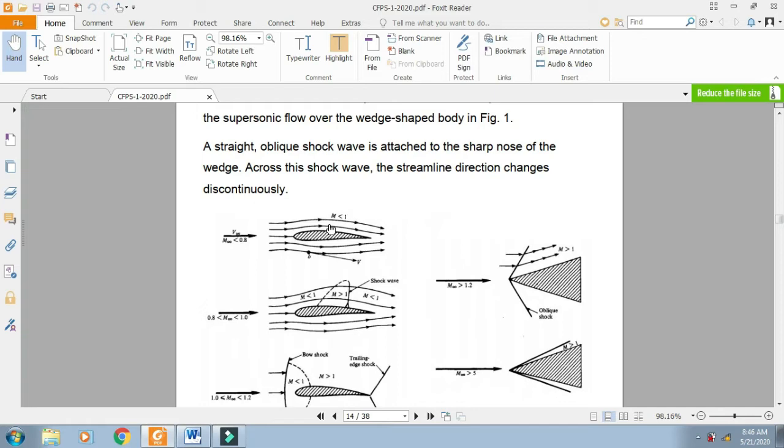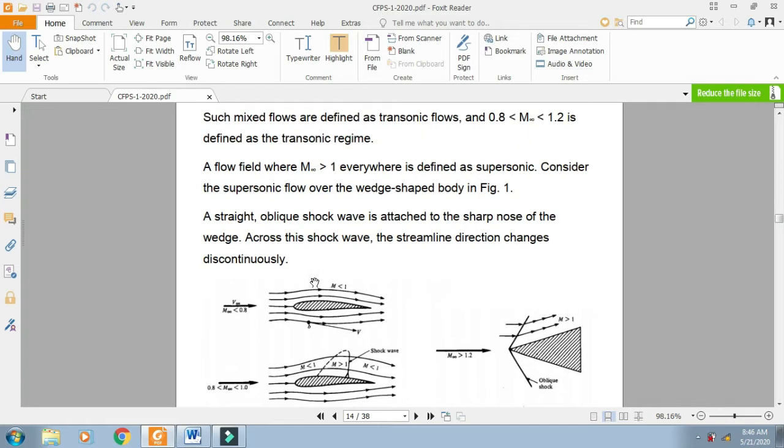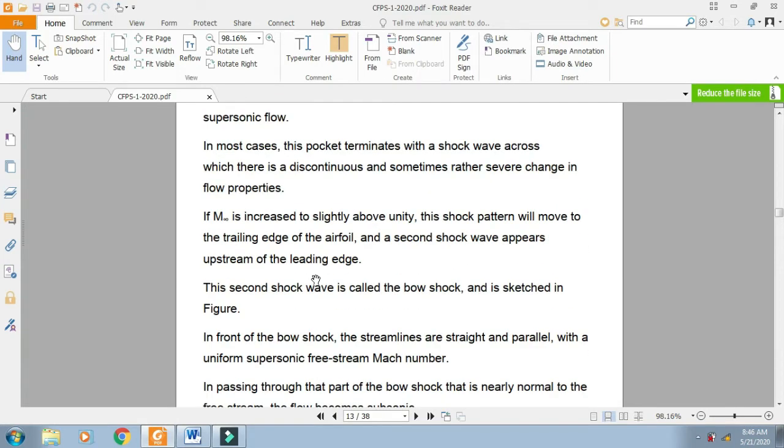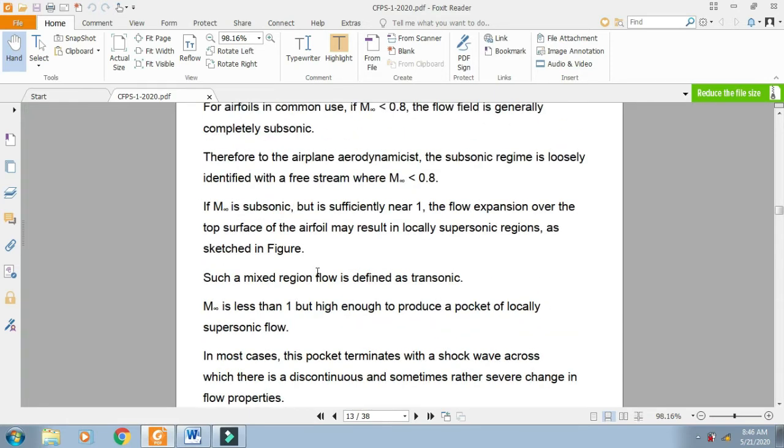The Mach number is changing, but it is always less than 1. So this type of flow will be termed subsonic flow. When Mach number infinity is less than 0.8, the flow is subsonic flow, because overall it remains less than 1.